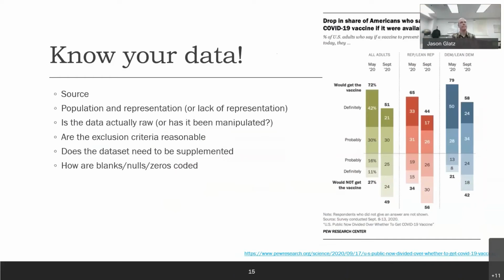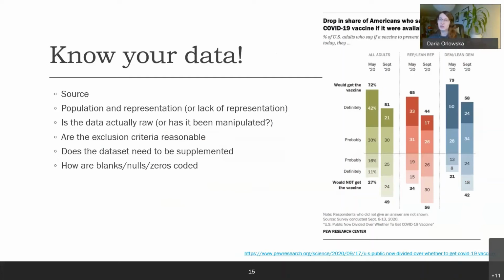So I think, giving those examples of good practices and things that you shouldn't do to mislead your audience, it's also very important, when you're looking either at different visualizations you find online or creating your own visualization, to really know the data. So what is the source? Is this a reliable source? Does the visualization have a source that you could go to? Which population is represented or is not represented within your visualization?